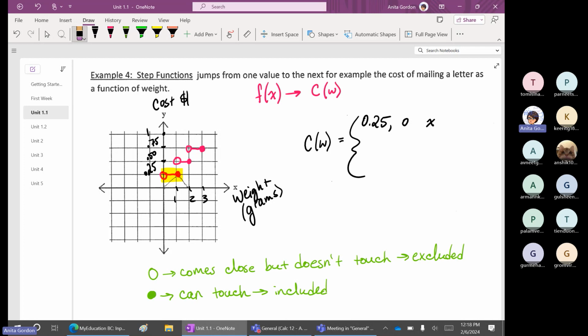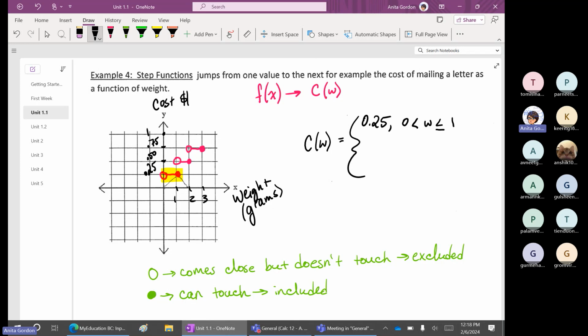Oh, and I just wrote an x. I should have a w because it's weight. Between 0 and 1. Okay, and what do my restrictions look like? Correct. 0 is not included, the 1 is. So 0 has an empty hole, 1 has a filled hole. So filled means we can touch that number, empty means we cannot touch that number.